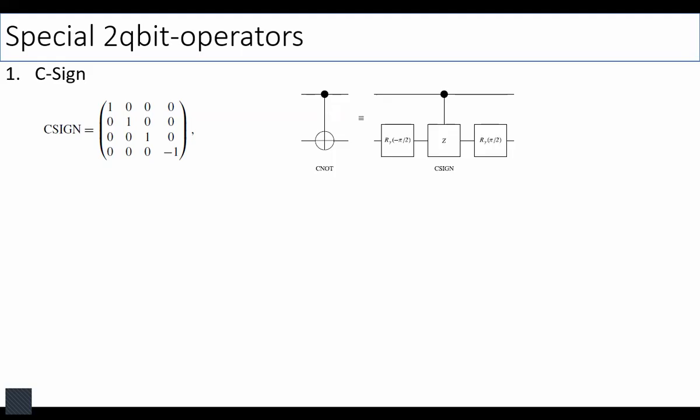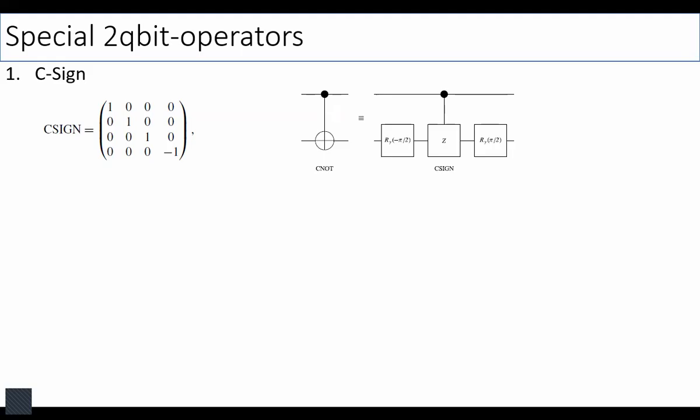So it will go to 0, Ry of minus pi over 2, phi. And after this, I apply this one, so it will go to 0, Ry of pi over 2, Ry of minus pi over 2, phi. And those cancel.